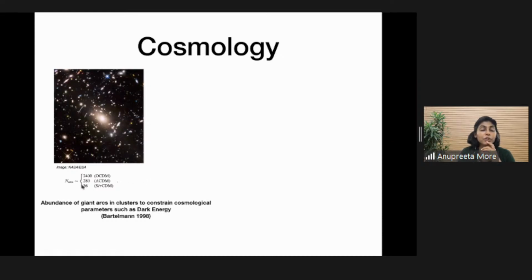For example, if we look at just the abundance of giant arcs that are expected to be found in the universe, the presence of these giant arcs depends on the presence of clusters. And since clusters are very few in number, how many clusters you expect to see in the universe depends sensitively on the cosmological model and its parameters. And so with the help of the abundance of giant arcs, there is a way to get constraints on cosmological parameters, which was pointed out in this paper.